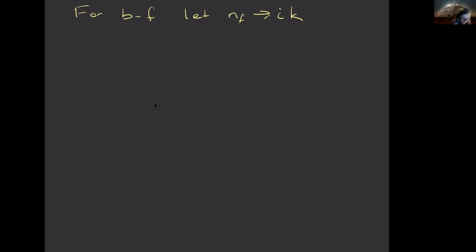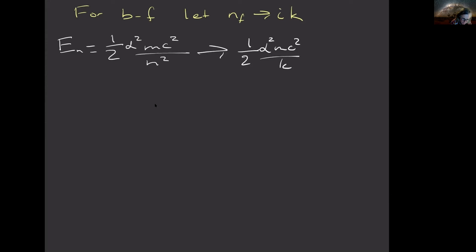And then if we were to write out our energy level for energy level n, which is in general 1/2 alpha squared m c squared over n squared, then if we replace n with ik, we end up with 1/2 alpha squared m c squared over k squared, which is just equal to 1/2 m v squared, which is clearly very obvious: instead of having a discrete energy level set by the nth level of the electron, we're setting it to a free electron, and its energy is set by its kinetic energy, which is 1/2 m v squared.